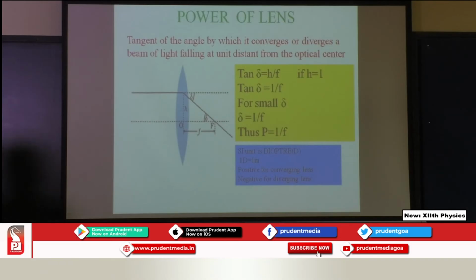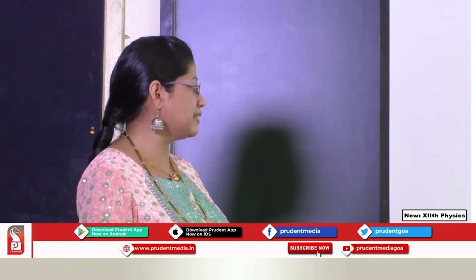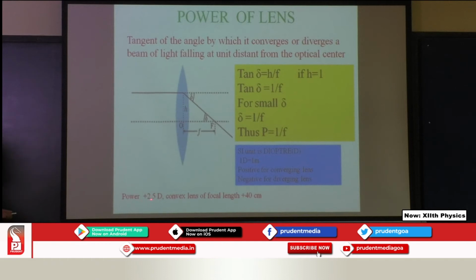Now, students, some of you must be using spectacles. When the eye specialist prescribes a certain number about the power, you know what lens you have to use. For example, if it is prescribed that a lens of power plus 2.5 D has to be used, which means positive tells you it is going to be a convex lens of focal length plus 40 centimeters.